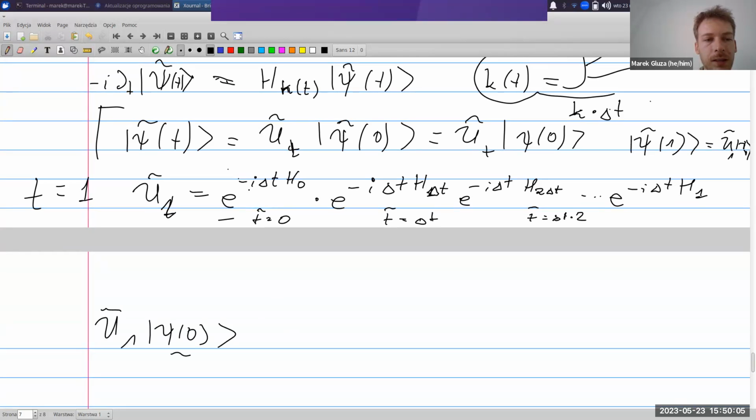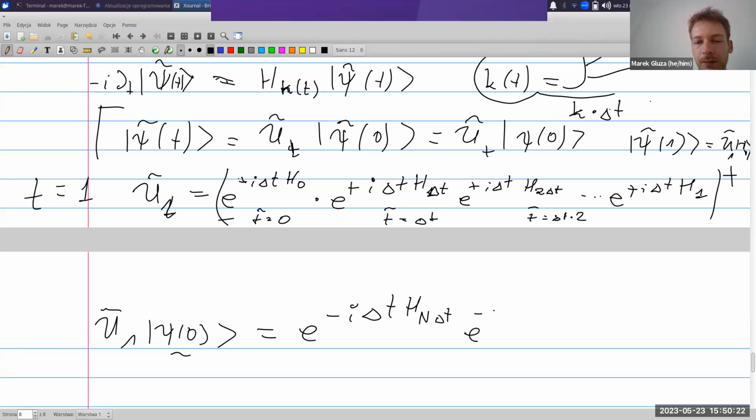So actually I need to put a plus here and then put a Hermitian conjugate, and then this equation checks out. But now if I spell it out in good order, I have my n times delta t Hamiltonian, I have the same duration, the n minus 1 times delta t Hamiltonian.